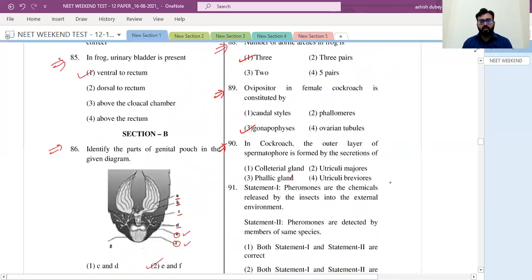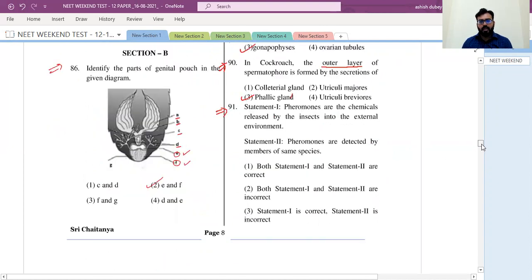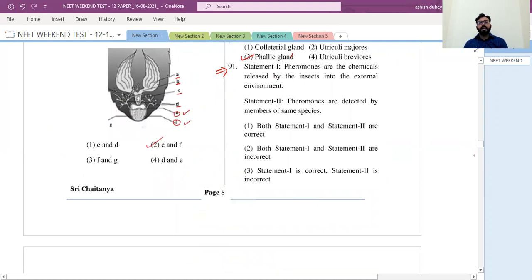Spermatophore. So here they are talking about the outer layer. So the answer will be phallic gland. Third. Question number 91, statement 1. Pheromones are the chemicals released by sex into the external environment. Yes. Pheromones are detected by members of same species. Yes. Okay, so both statements are correct. Okay, 91.